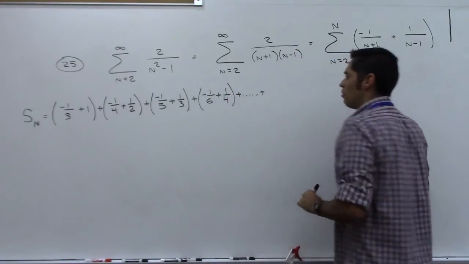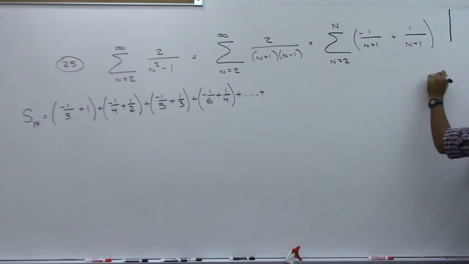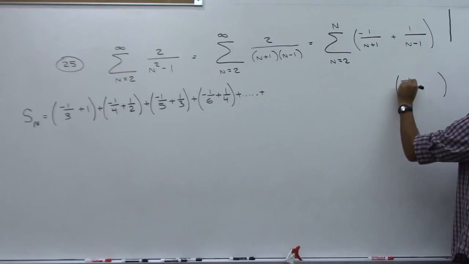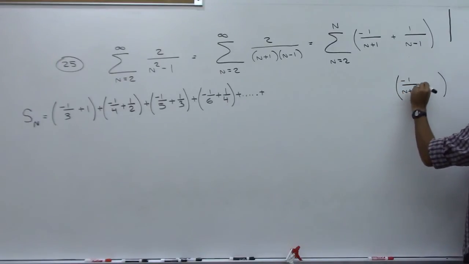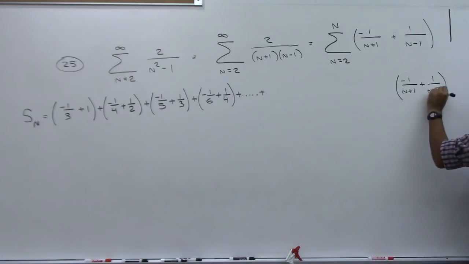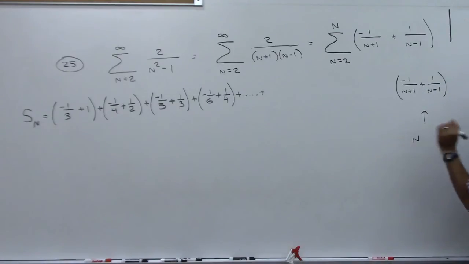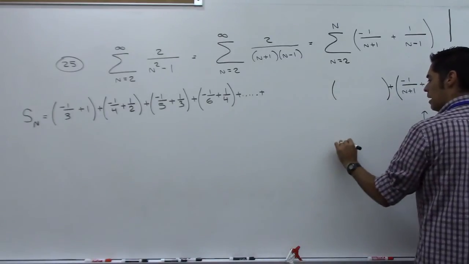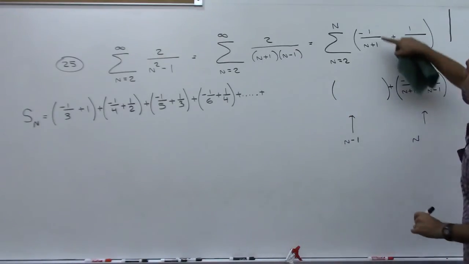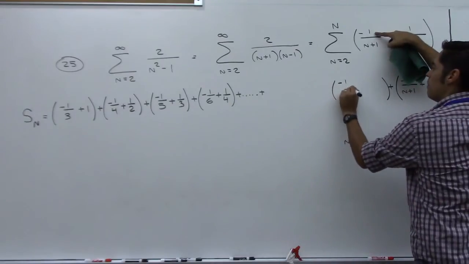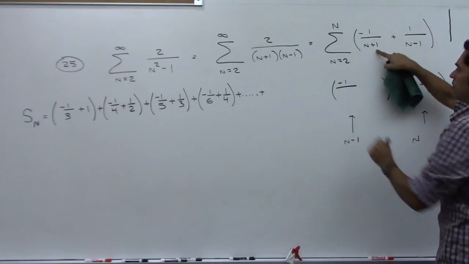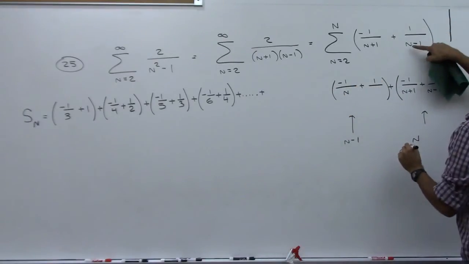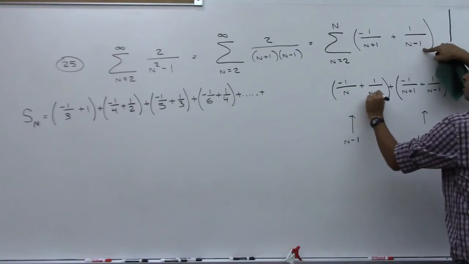And now what we'll do is write out the last ones. The last one is what I get when I plug in capital N, which is negative 1 over N plus 1 over N minus 1. So that's what happens when I plug in N. The one before it is what I get when I plug in N minus 1. So plug N minus 1 into this, you get negative 1 over N minus 1 plus 1, which is just N, plus over here 1 over N minus 1 minus 1, which is N minus 2.